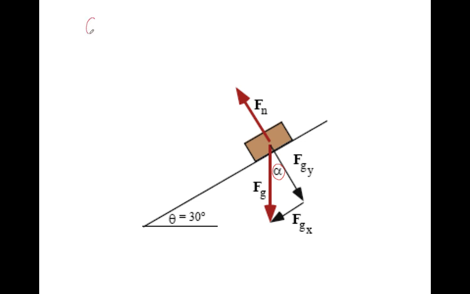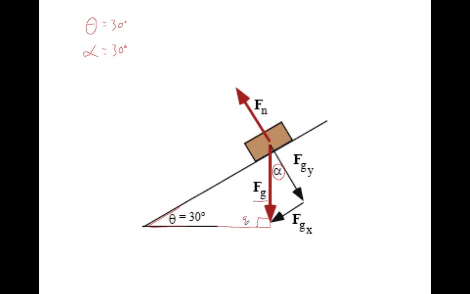Okay, if you did that correctly, you should find that in this case theta equals 30 degrees, which is the angle of the incline above the horizontal. And if you did your geometry correctly, alpha is equal to that same angle, 30 degrees. The way you can figure that out is to think about this: Fg makes an angle of 90 degrees with the horizontal.